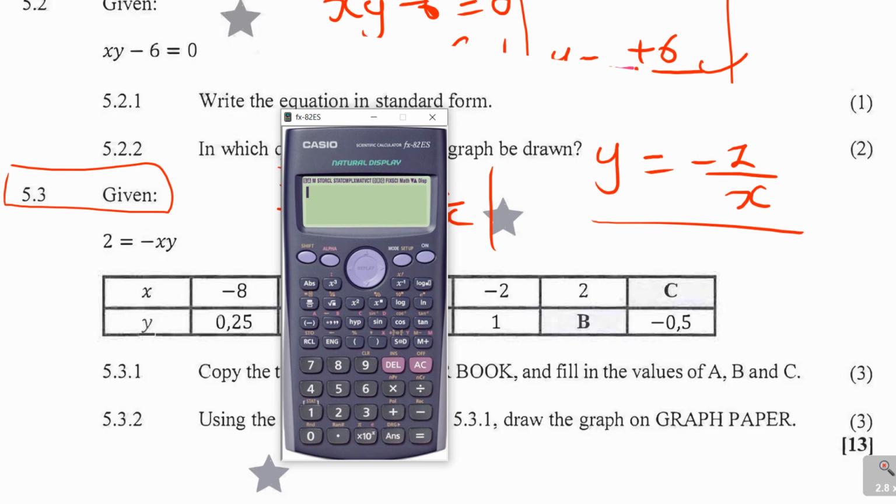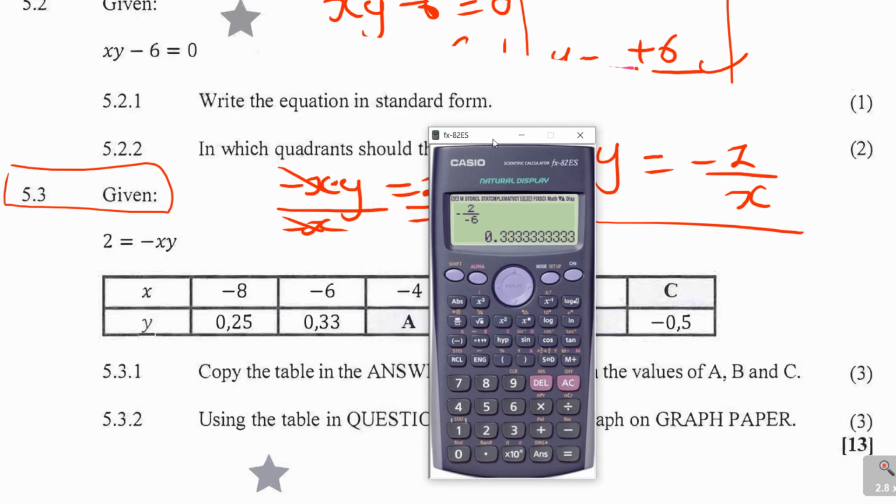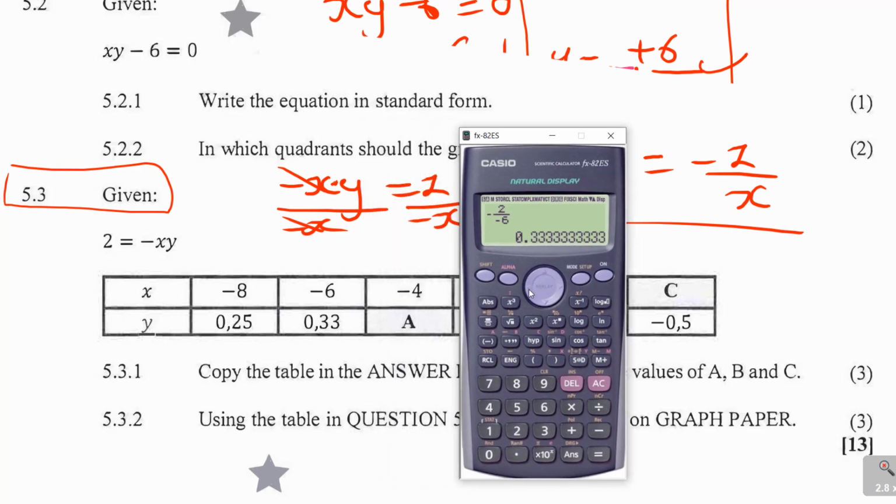So for y, I want to see how they got 0.25, where I'll say negative 2 over, and my x is negative 8. So I'll put negative 8 there, equal to, press SD, there is 0.25. Go to the next one, put a negative 6, equal to, press SD, there is 0.33. Go backwards, put now negative 4. That's what is happening.